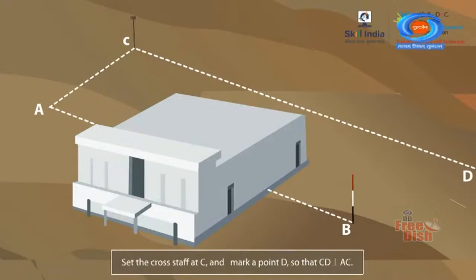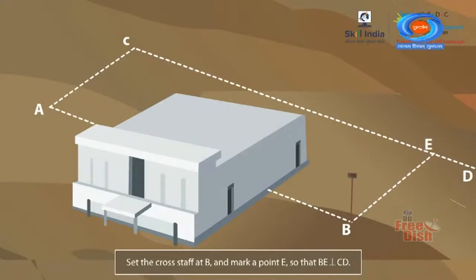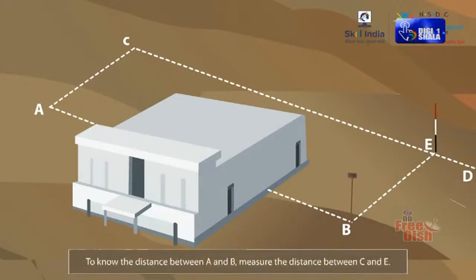Note that you should mark D at a place beyond both the obstacle and point B. Set the cross staff at point B and mark a point E on line CD so that line BE is perpendicular to line CD. Now, you can see that AB is equal to CE. So, to know the distance between A and B, just measure the distance between C and E.